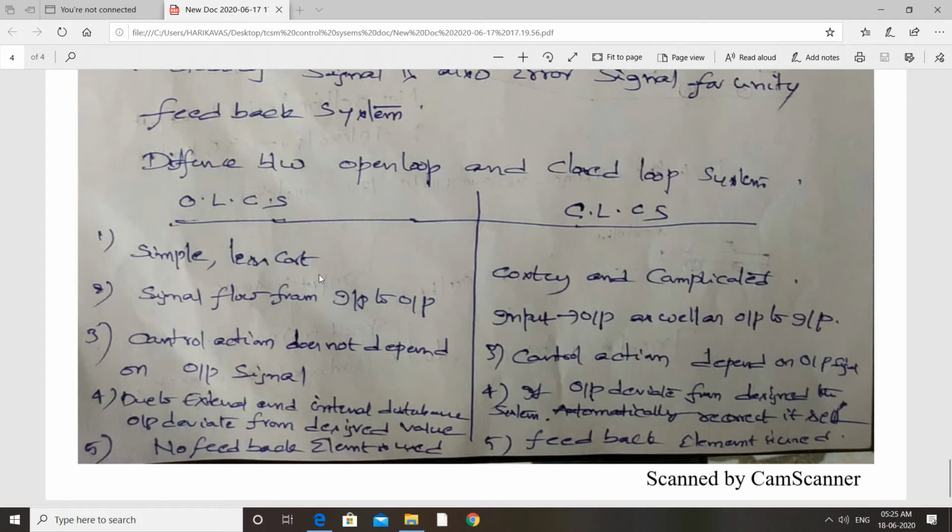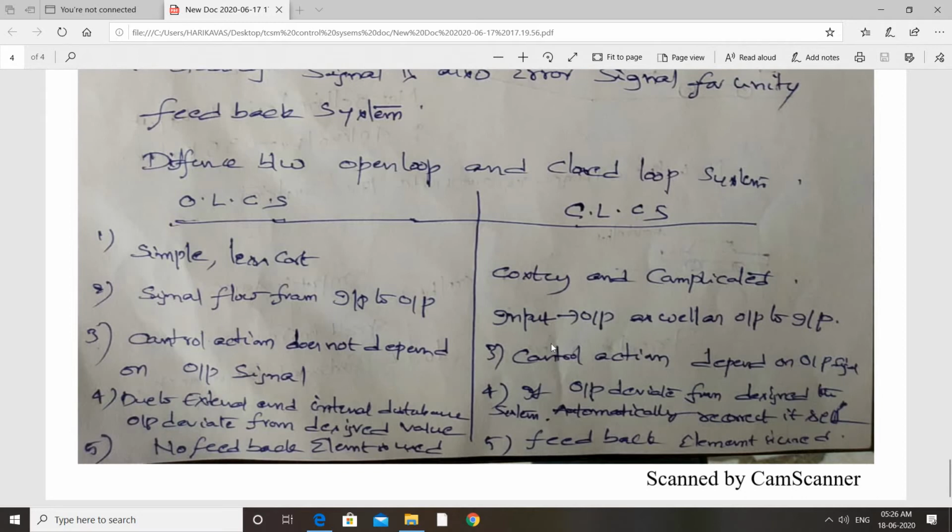Whereas in a closed loop system, we are using more components because the feedback concept is required. So that's why it is more costly and complicated. The second point is the signal flow: in the open loop it flows from input to output only. But whereas in the closed loop control system, the signal is moving from input to output as well as output to input also.